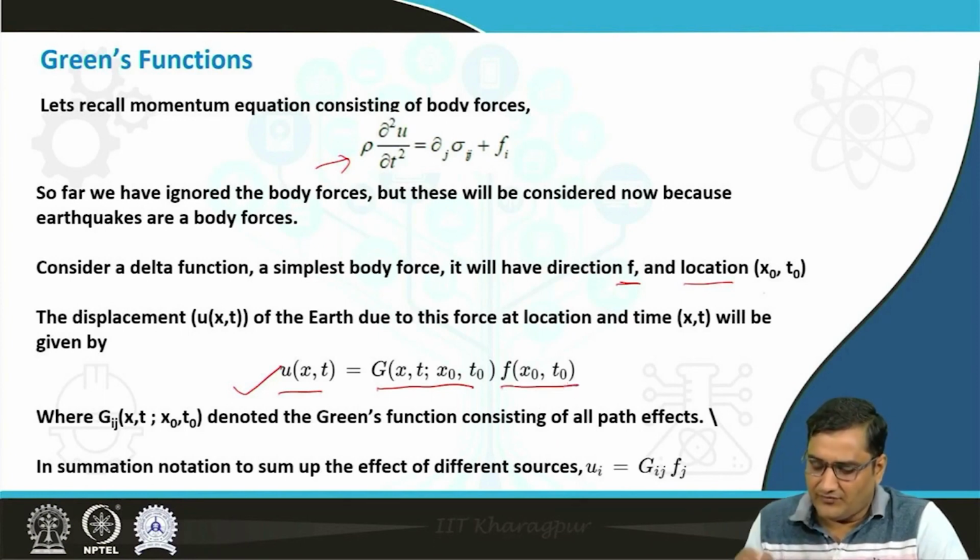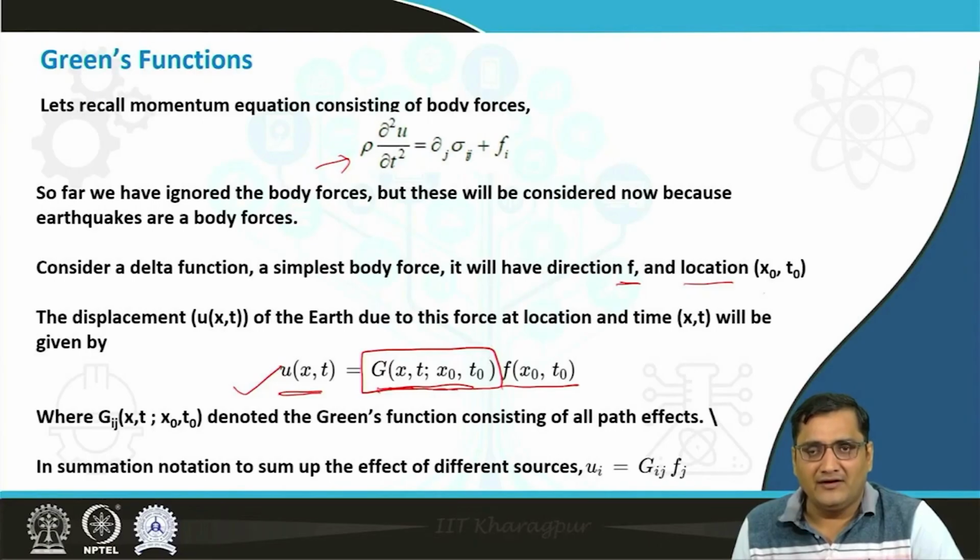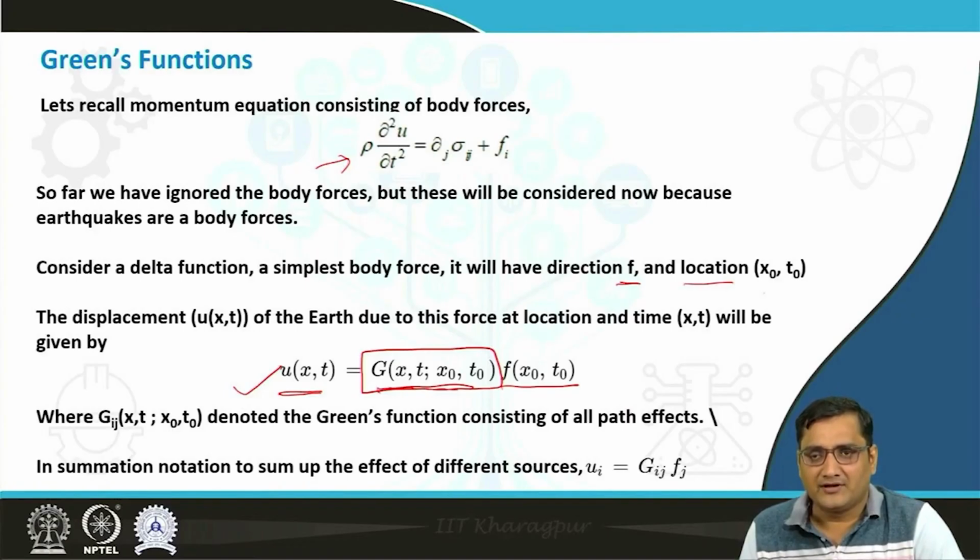So the body force, when convolved with the path effect, gives the displacement. The path effect is represented by this Green's function G. In summation notation, at a particular place when many body forces are acting as sources, for different sources we have several path effects, and those will be summed up together to give the net displacement at a location.